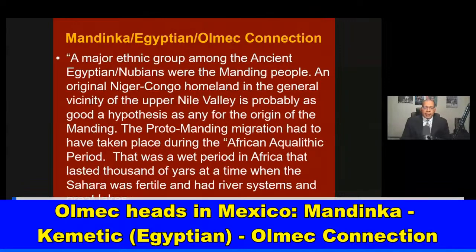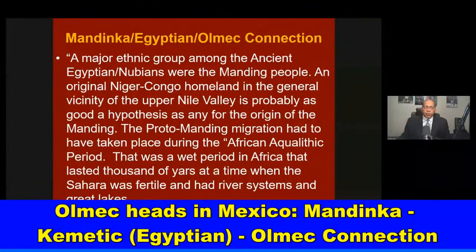The Proto-Manding migration had to have taken place during the African Aqualithic period. That was a wet period in Africa that lasted thousands of years, at a time when the Sahara was fertile and had river systems and Great Lakes.